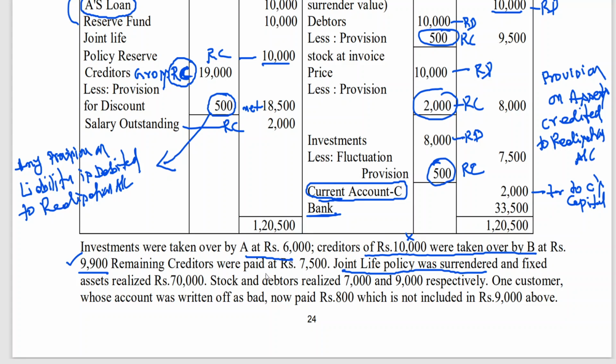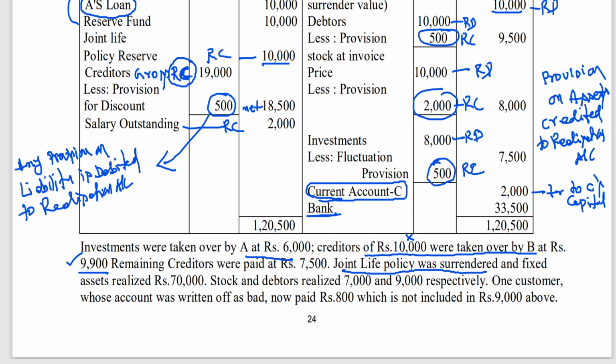Okay. Remaining creditors were paid at 7,500. If you look at the total creditors of 18,500, out of 18,500, 10,000 worth of creditors has been taken over for 9,900. The remaining 8,500, 7,500 has been paid.